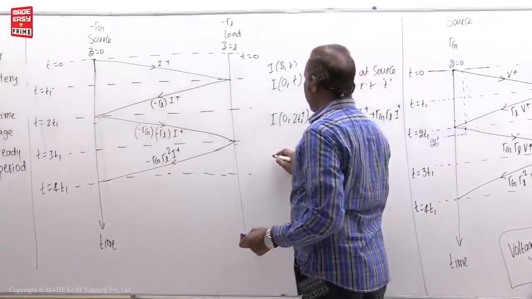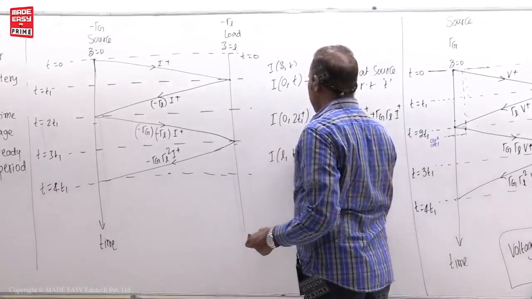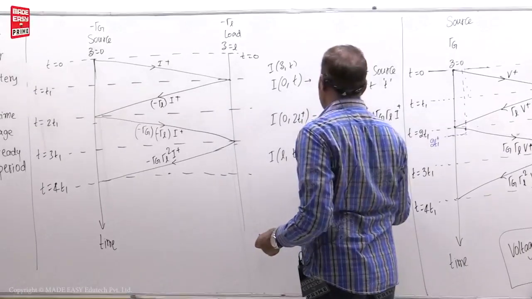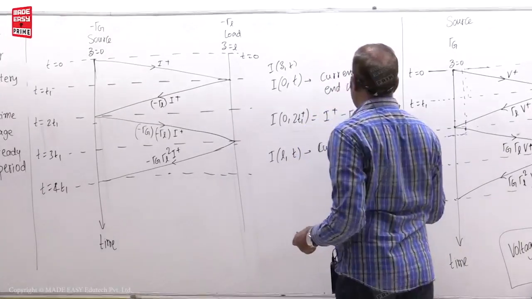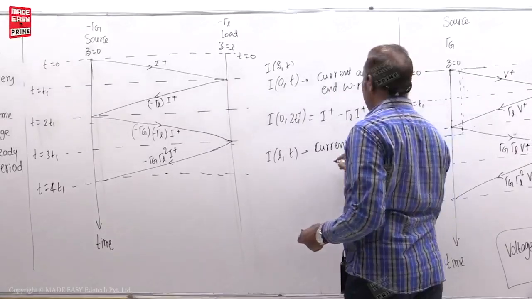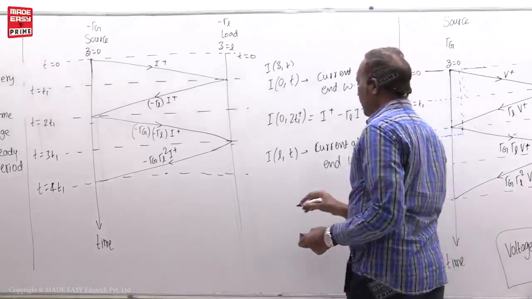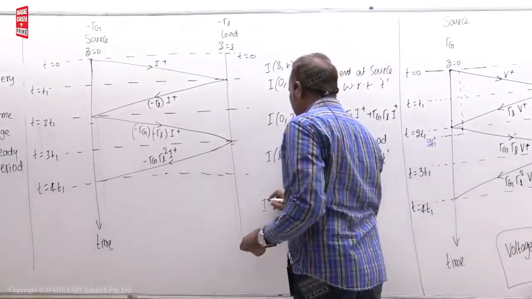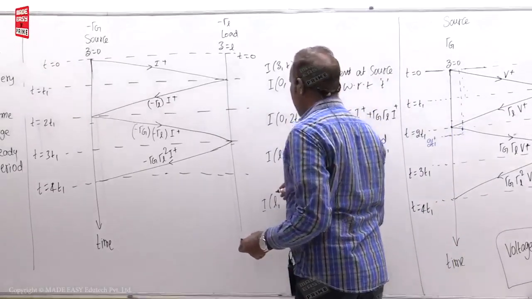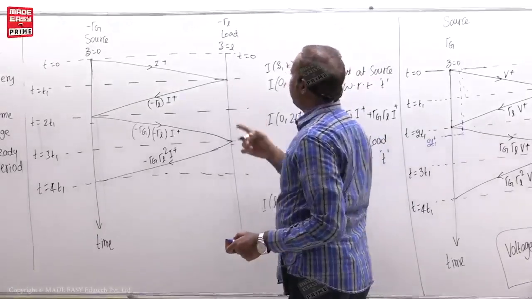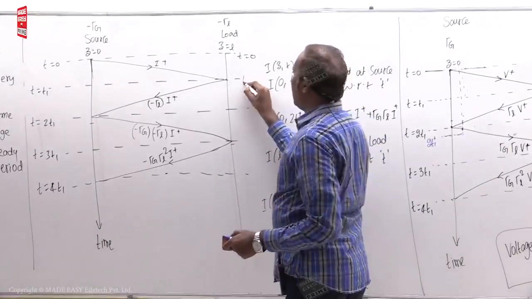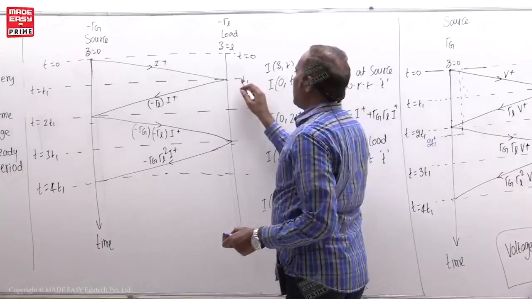So similarly, I of L comma T means current at load end with respect to time. That means I of L comma T1 time.